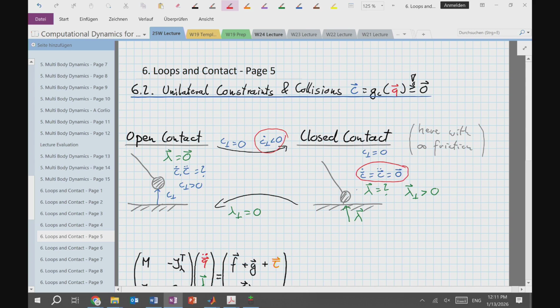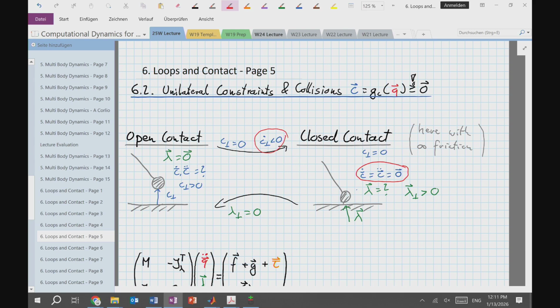And as soon as I'm in contact, that constraint violation velocity is 0. Right? So in free space, I can have a velocity in this direction. When the contact is closed, I cannot have a velocity in this direction. And under the key assumption in this class, that we're only talking about rigid bodies, right?